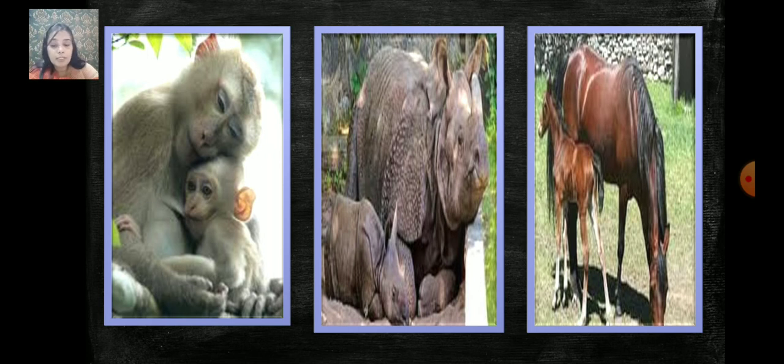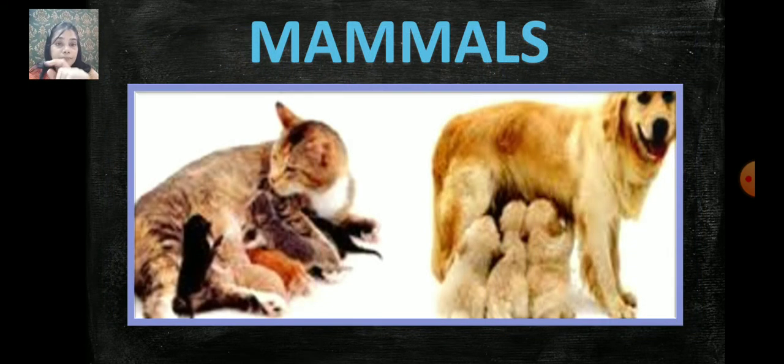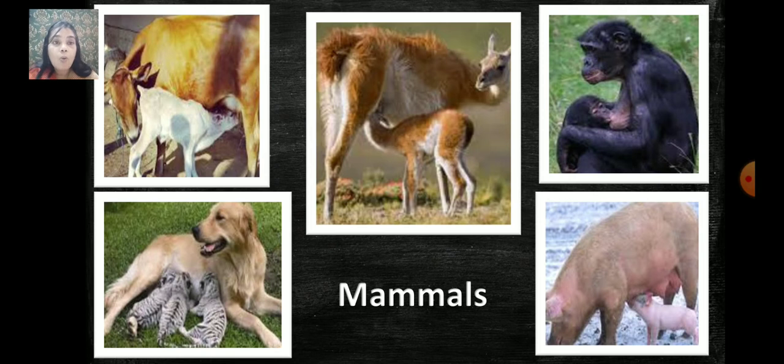The mothers feed their babies with their own milk. Mother dog, mother cat, mother cow, mother deer, mother monkey and mother pigs, all these mothers who give birth to their babies directly feed their babies with their own milk.